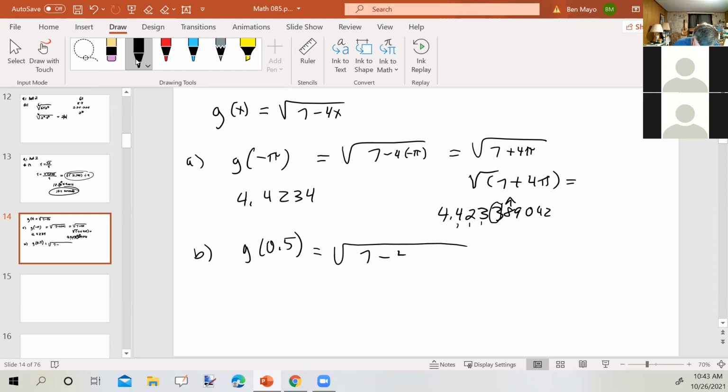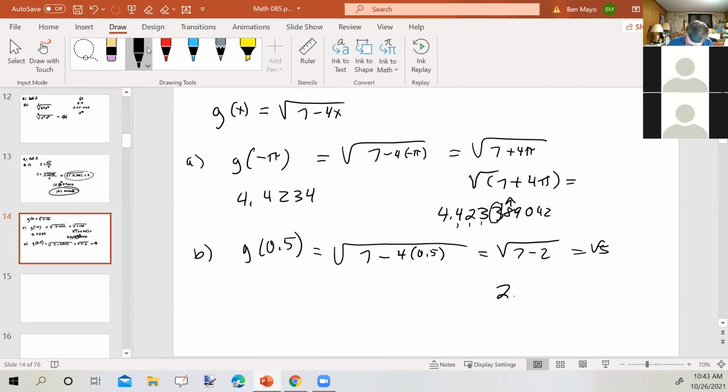Square root of 7 minus 4 times 0.5, which is the square root of 7 minus 2, or the square root of 5. So then second square root of 5.